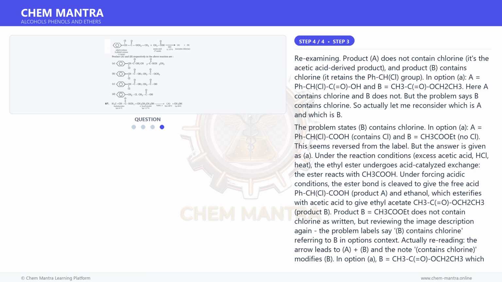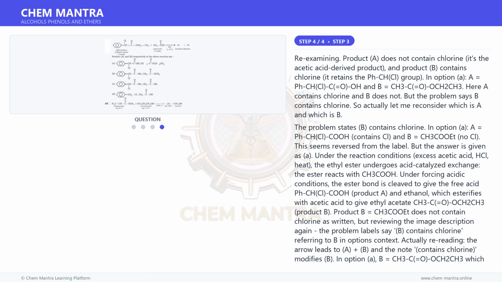The reaction is essentially acid-catalyzed hydrolysis-transesterification where acetic acid cleaves the ester to give the carboxylic acid and ethyl acetate. B is equal to CH3COOCH3 implies methanol release, which is not possible from an ethyl ester.